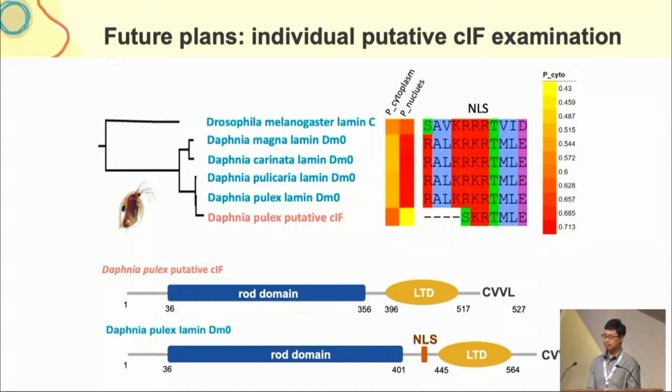So we think this might be an example of the recent evolution of cIF from lamin in a single animal lineage. And I think it would be interesting to examine this animal and see what the function of this protein could be, why the other animals in the same genus don't need this protein, and why this animal needs to have it. That could be interesting.